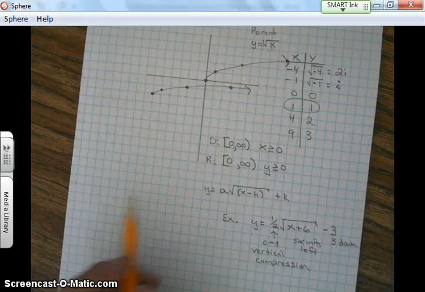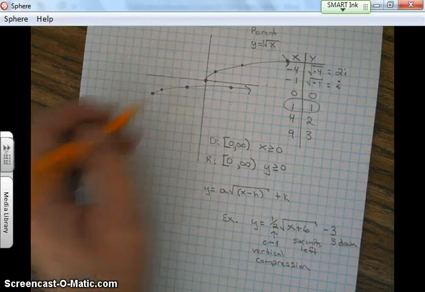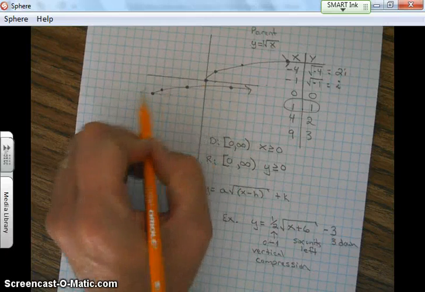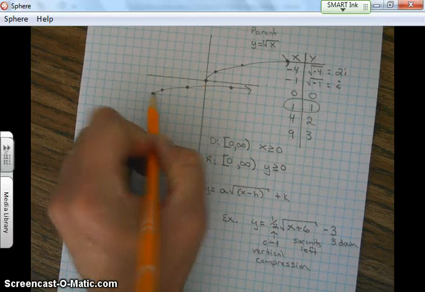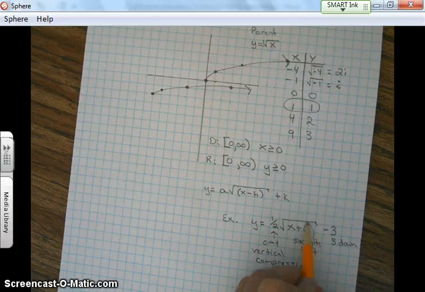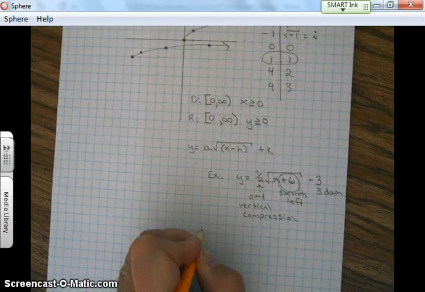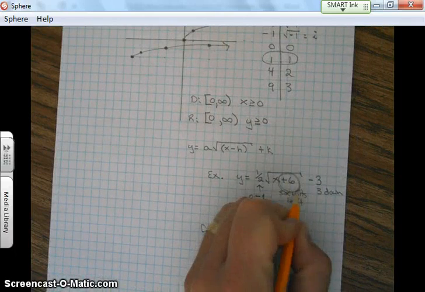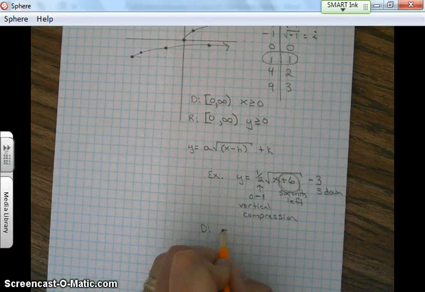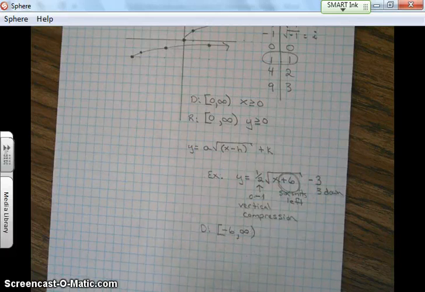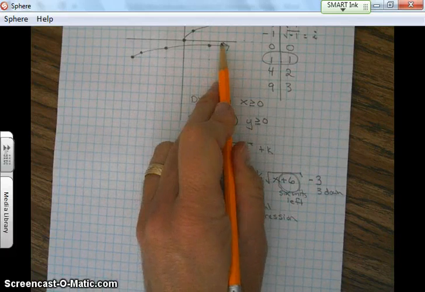Now the domain and range is also going to change. Notice the domain is not at 0 starting point anymore. Now it's at -6. So your domain is always going to be related to how this number affects x. So our domain for this function is now going to be -6 to infinity, because we put an arrow on the end.